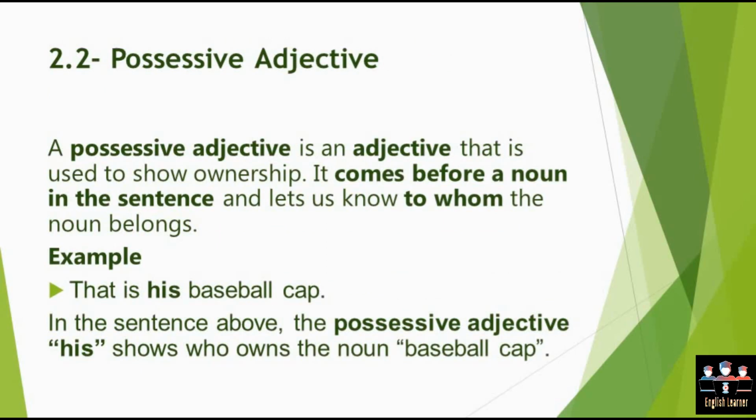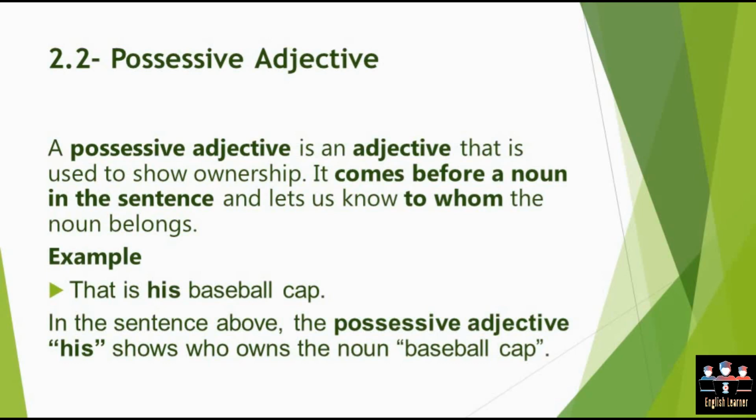Second type of adjective is possessive adjective. A possessive adjective is an adjective that is used to show ownership, as the word possessive is indicating ownership. It comes before a noun in a sentence and lets us know to whom the noun belongs.